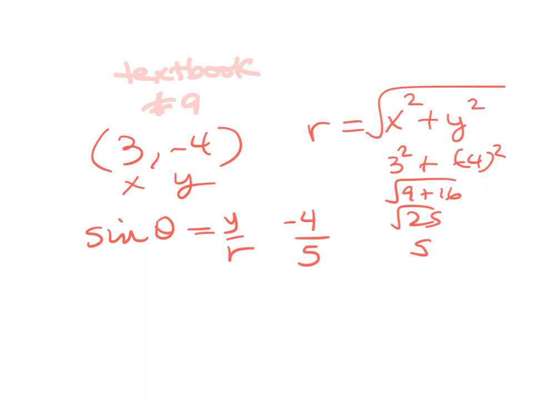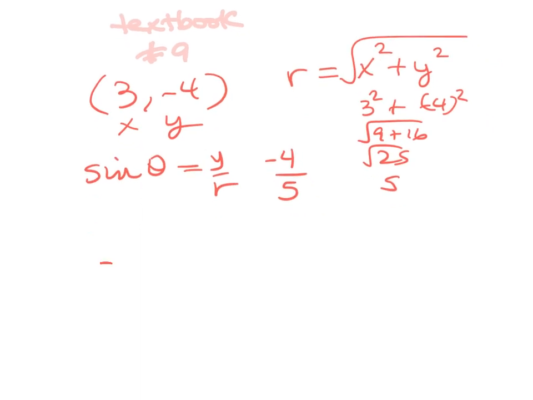So given an ordered pair, you may have to calculate r. Or they might not even give you it as an ordered pair. They might say sine of theta equals -4/5. Find cosine theta. And then from there, you would calculate your x and then plug it in.